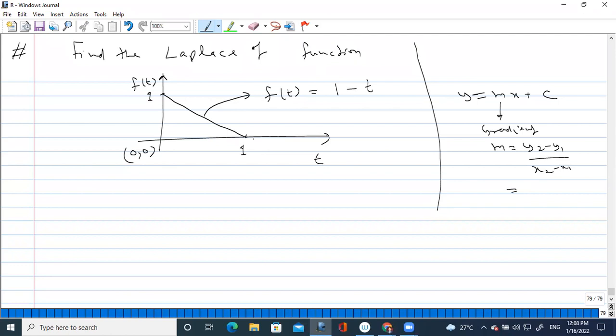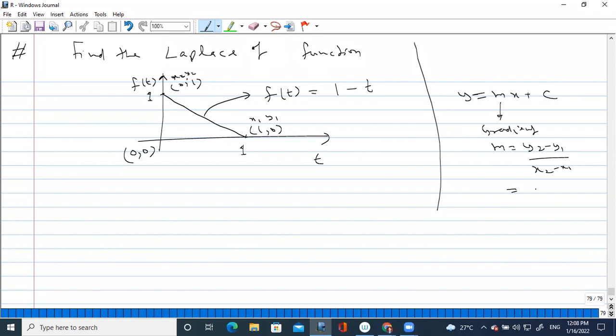So here this is (1, 0). So this is your x1, y1, and this is your (0, 1). So this is your x2, y2. Second point. First point on x-axis, second on y-axis, like this.